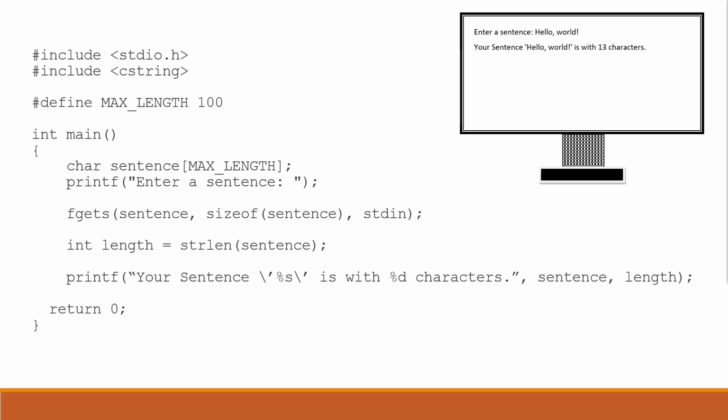It's calculated using the sizeof operator, which returns the size of the array in bytes. stdin specifies the input stream from which fgets reads the input string. stdin is the standard input stream, typically connected to the keyboard. Then, it calculates the length of the input string using strlen function, and then prints out the input sentence along with its length.